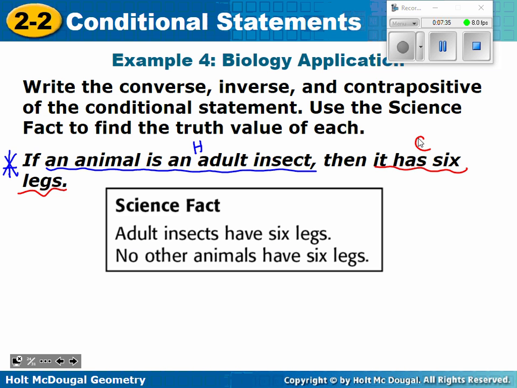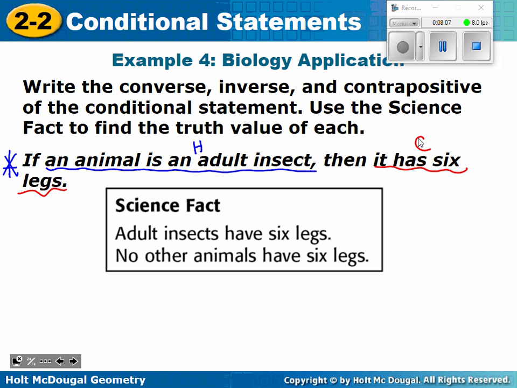If an animal is not an adult insect, comma, then, very good, it does not have 6 legs. So everybody with me there? Original statement stays the same, but we just add in those words not, don't, won't.